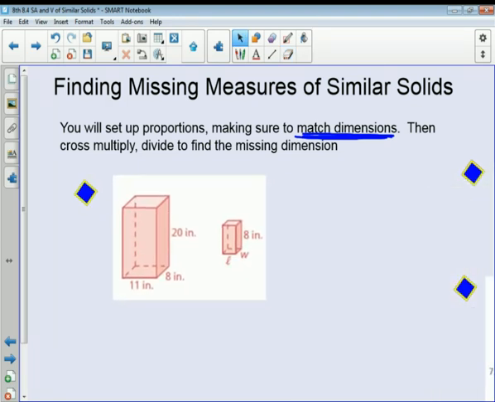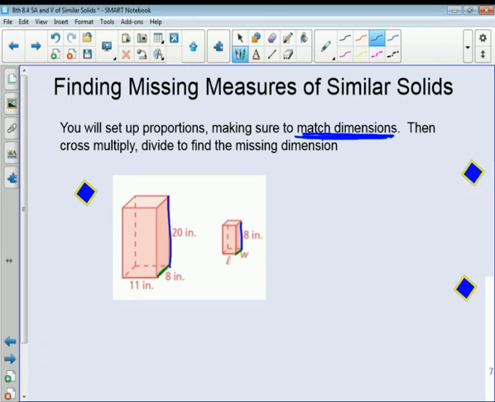Okay, so here they want us to find the length and the width. Okay, so let's go ahead and use 11 and 8. So we'll figure out, I can't do 11 and 8. Sorry, we're going to have to do, because I have both of those missing on the other one, so I have to figure one of them. Let's do the height, because that's the same as this, and we'll figure the width first.